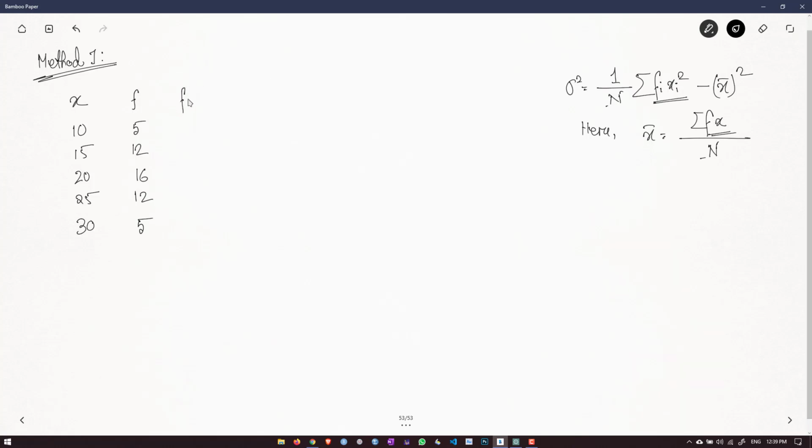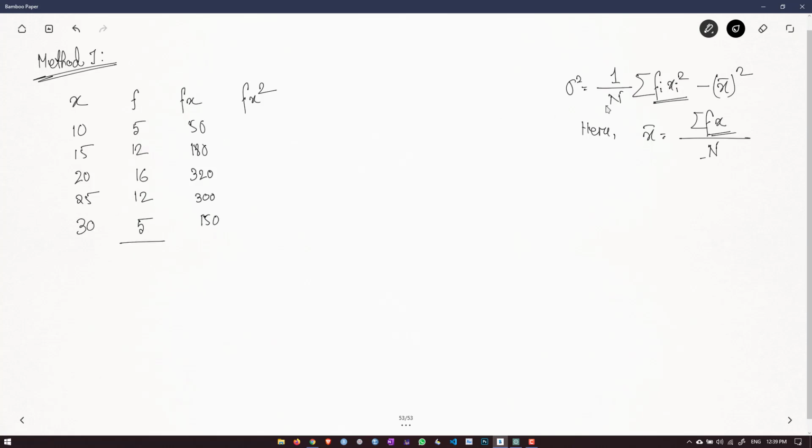So we will calculate fx and we will calculate fx square, right? Fx is 5 into 10, 50, then 12 into 15, which is 180, then 320, then 300, and last is 150.